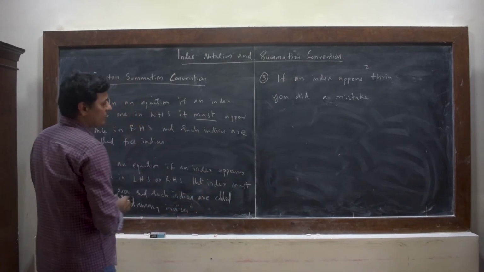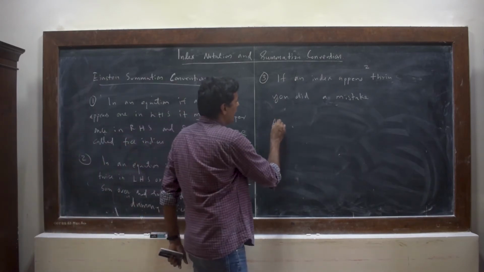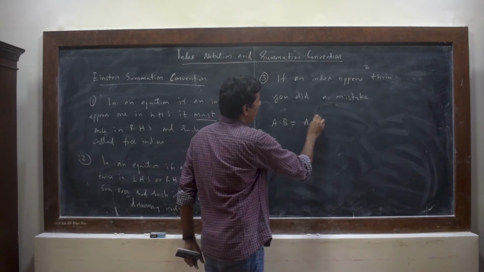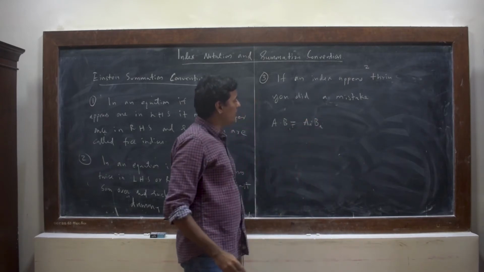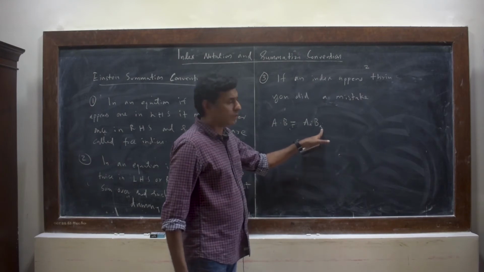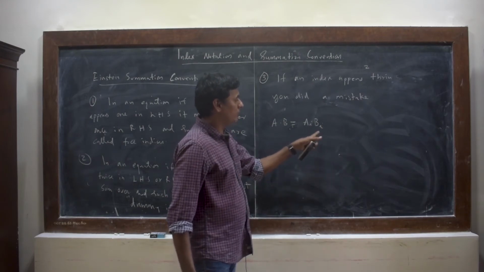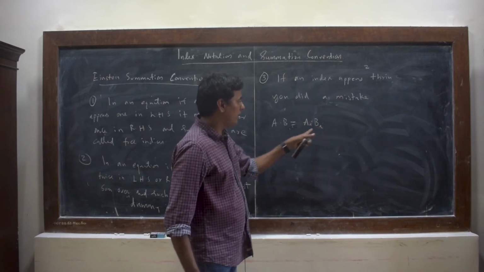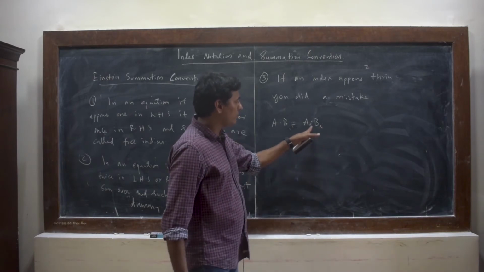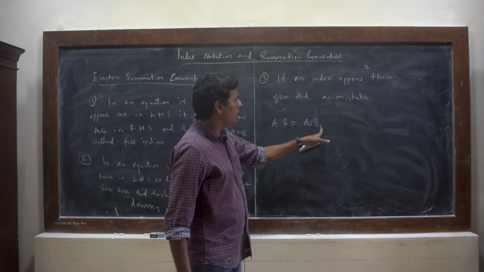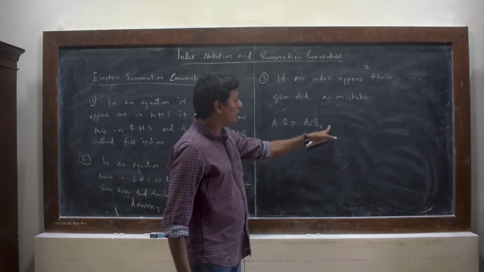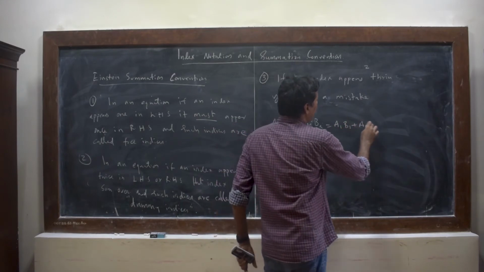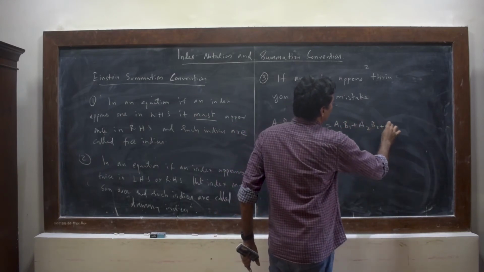With this, let us try to write A dot B. You can write it as Ai Bi. Here you can see that there is a dummy index which is summed over. In 3 dimensions, i is equal to 1, 2, 3, so it is equal to A1 B1 plus A2 B2 plus A3 B3.